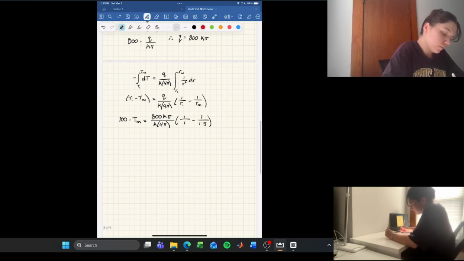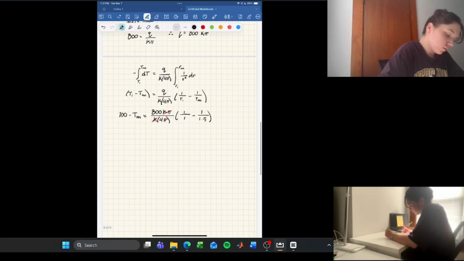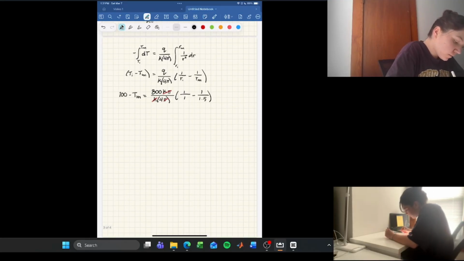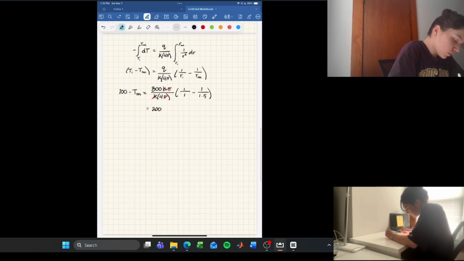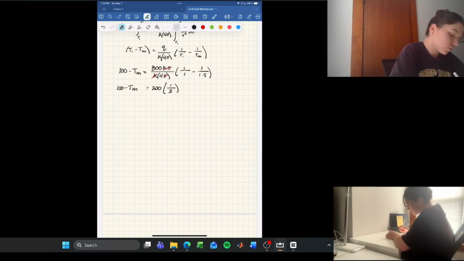So then here we can cancel those values, and this is going to be 200. This is still like so. And then this is simplifying to 1/3. So now we can subtract the 100 over.